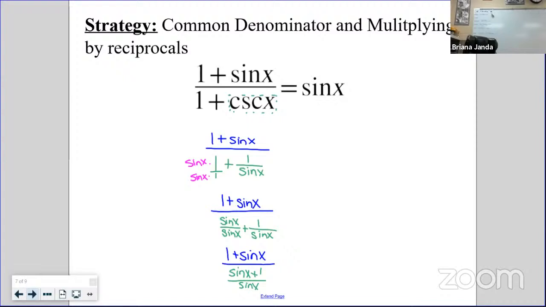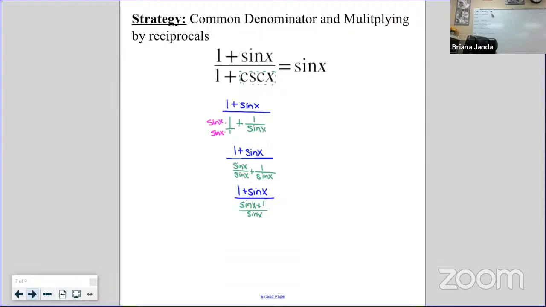So I took the denominator, turned it into sines and cosines to get a fraction, and got a common denominator to make it one fraction. The reason I did that is now I can multiply by its reciprocal. That's what we do when we have a fraction in our denominator: I take my numerator times the reciprocal of our denominator.